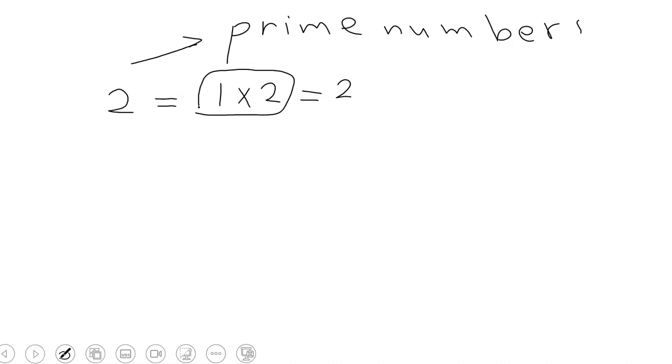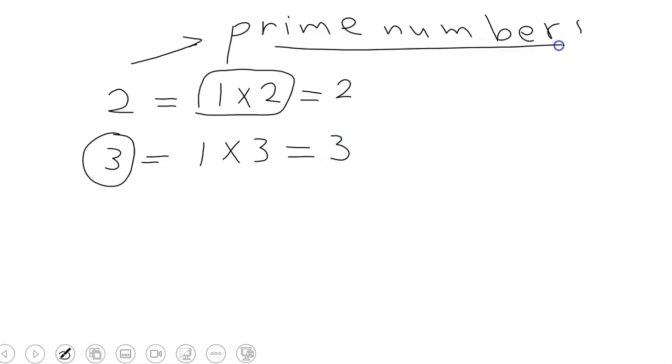Let us take another example. Number 3. What factors can I use as a product to make 3? Only 1 times 3. There are no other factors. So it is a prime number. So what's a prime number?